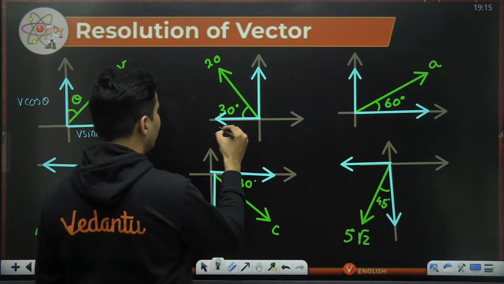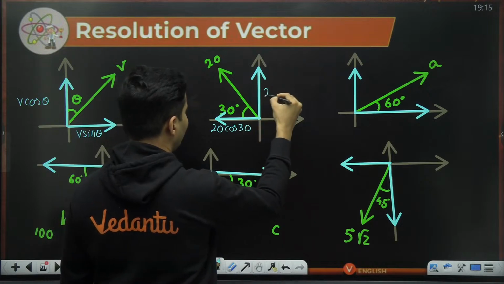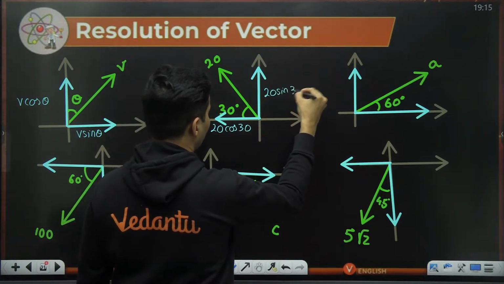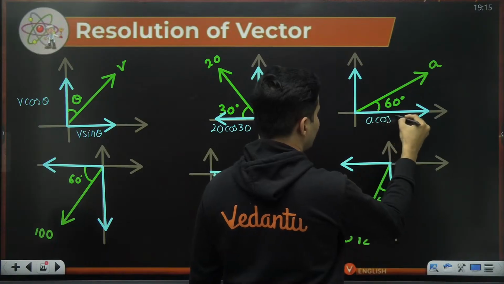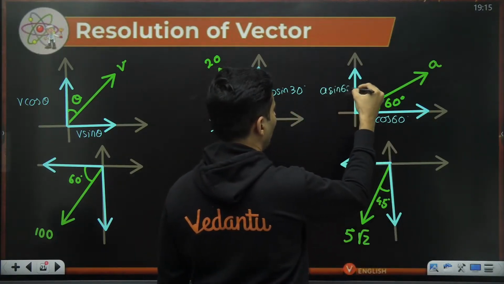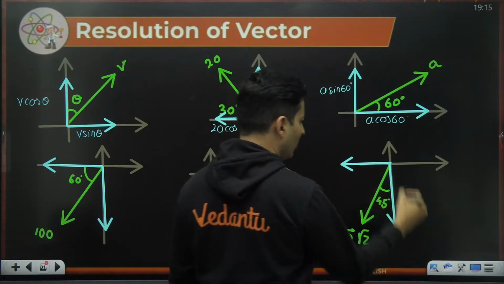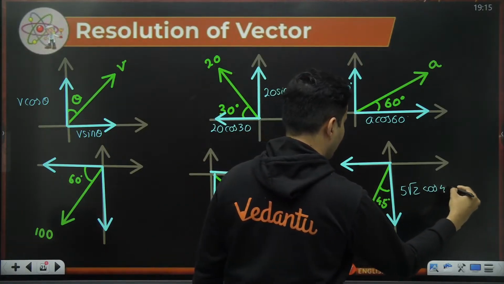This is closer to theta, so this will be 20 cos 30. This is far away, so this will be 20 sin 30. This is closer, so this will be A cos 60. This is far away, so this will be A sin 60. This is closer, so this will be 5 root 2 cos 45.